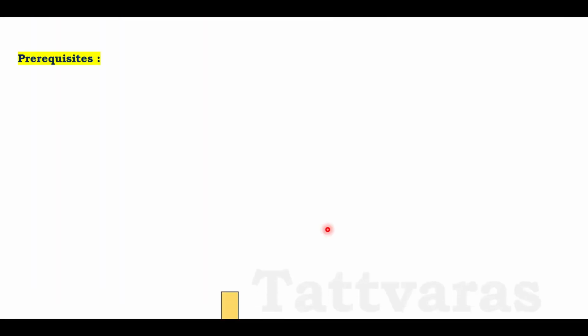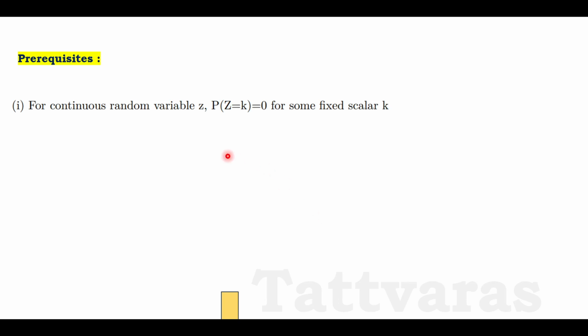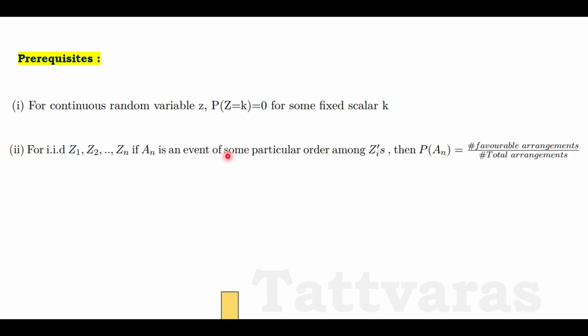So before starting off with the problem, let us look at some prerequisites or some results that we might use in this problem. The first one is for any continuous random variable z, the probability that z takes a particular fixed constant value is always 0. The second one is, suppose you have IID variables and An is an event which denotes some particular arrangement for these variables.